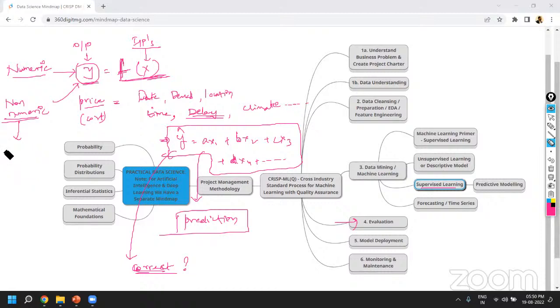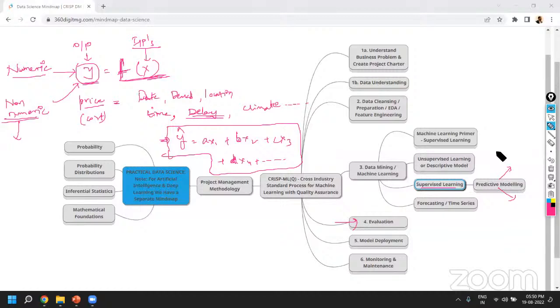So depending on the value that we are trying to predict, the algorithms are further classified into two types. One is called classification technique or classifiers. The other is called regressors or regression technique.